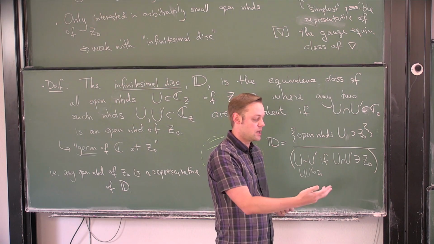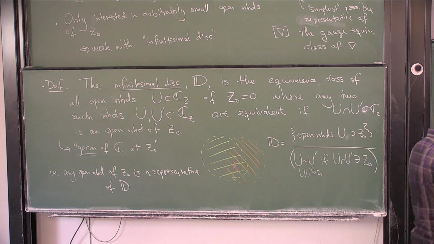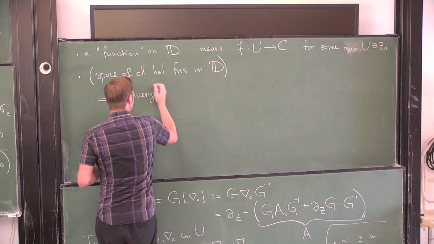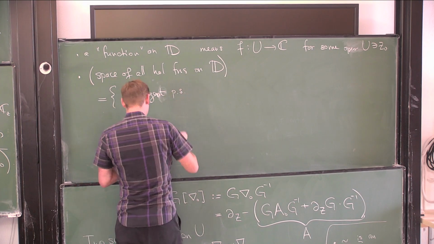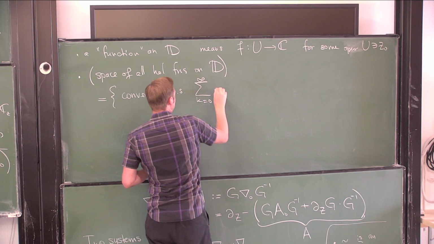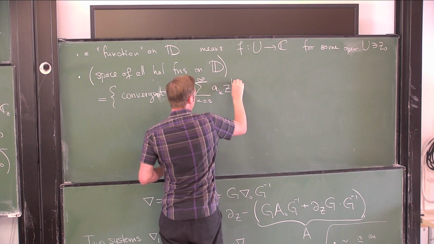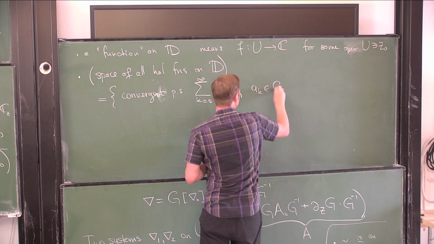So let me just write this, and then you tell me if you're really confused by this. The space of all holomorphic functions is really the space of all convergent power series in z, with complex coefficients, obviously.